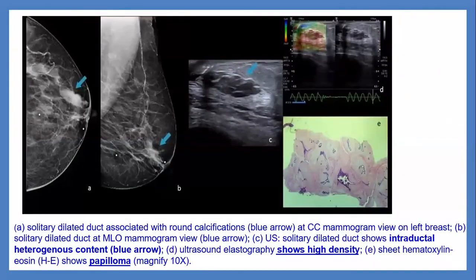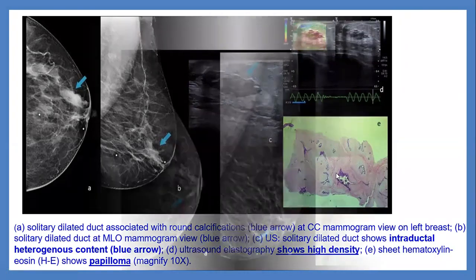Another lesion, you see, simulating fibroadenoma on ultrasound in a solitary dilated duct here, but an intraductal soft tissue mass, also on elastography demonstrating high density, and it tends also to be a papilloma.